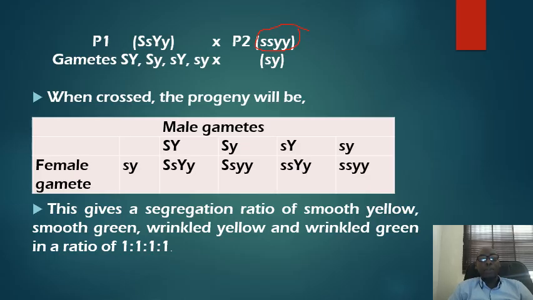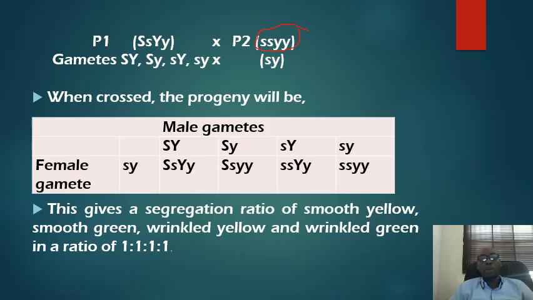Now, unlike the previous selfing, where we had two possible gametes, from this genotype we have four possible gametes: smooth and yellow, smooth and green, wrinkled and yellow, wrinkled and green.